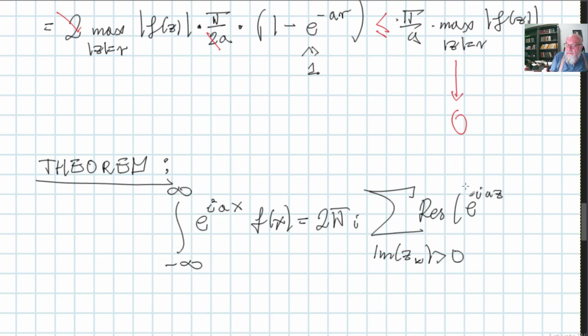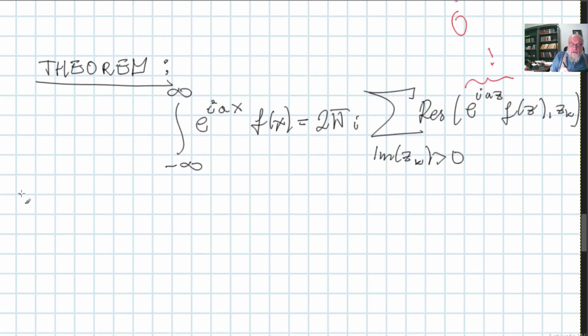That's kind of important. Remember, don't forget this term here, and then you have f of z at zk, and that's the formula we derived. This is the formula.